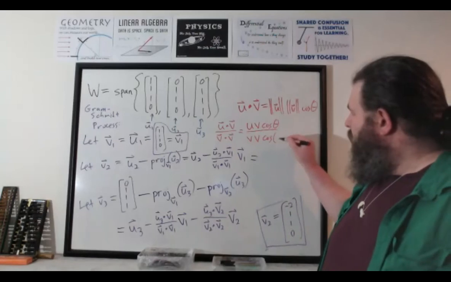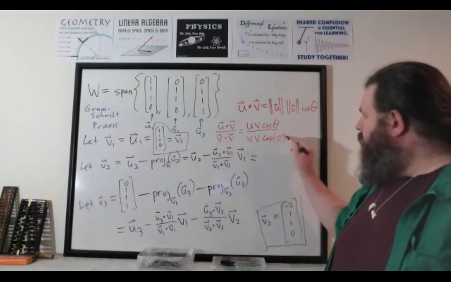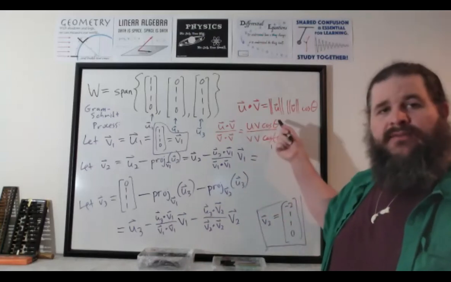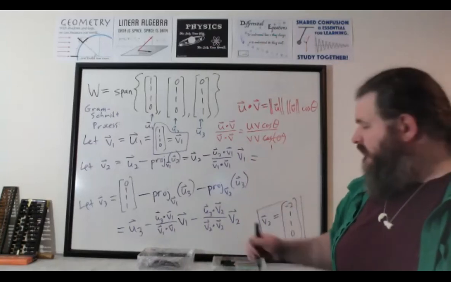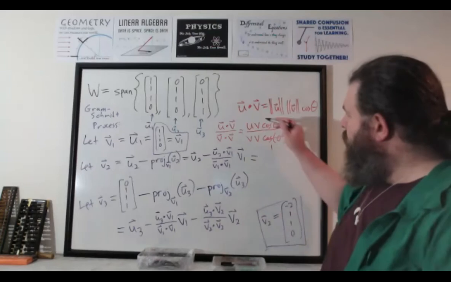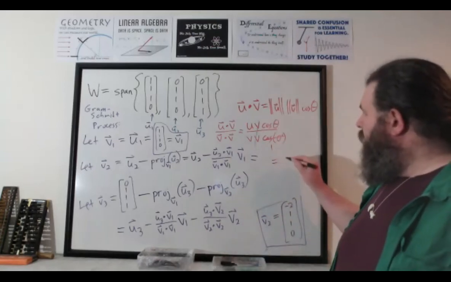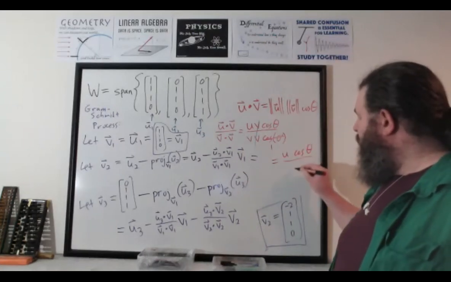So we'd have cosine of 0 degrees. Cosine of 0 degrees is just 1. And then we'd have u times v times cosine of some angle divided by v squared. In this case, magnitude is a scalar, so these do cancel out. And we're left with u times cosine of the angle between them divided by v.